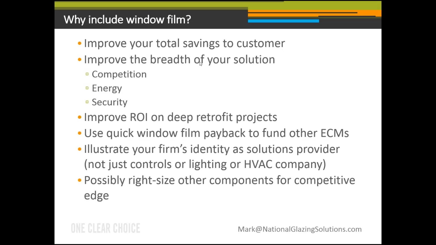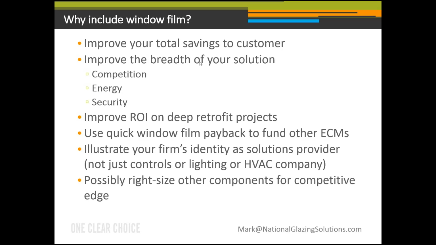Now, personally, this is maybe just my 2 cents, but I feel the greatest advantage that you can have is to be seen as a comprehensive solutions provider rather than just an HVAC company or a controls company or a lighting company that, quote, does performance contracts, because window film offers that benefit.